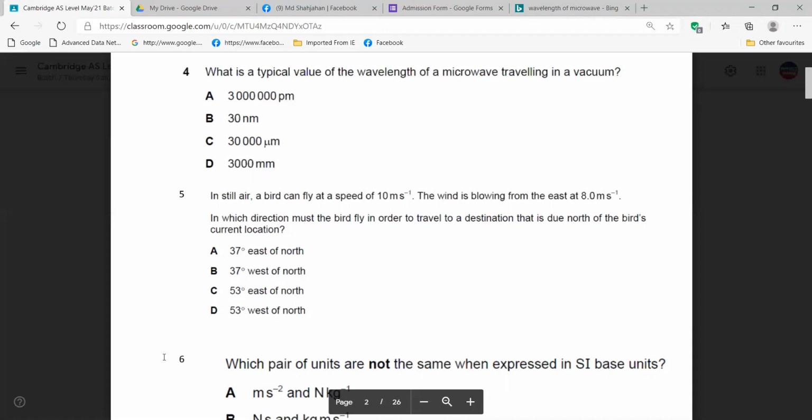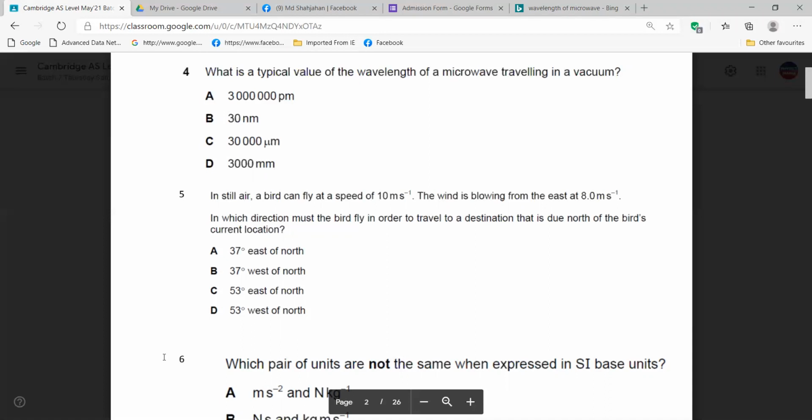So if it is traveling to destination, that is its resultant, right? Its resultant is its destination. So the resultant should be due north.